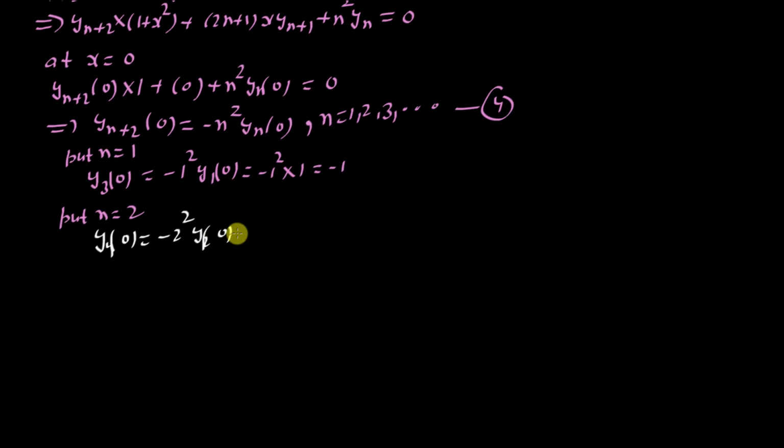So you just put it over here. This is 0. Now put n is equal to 3 over here. y5(0) is equal to minus 3 square y3(0). Fine. What is y3? It is minus 1.